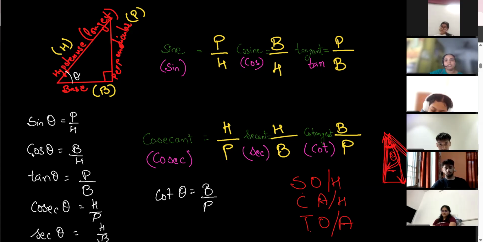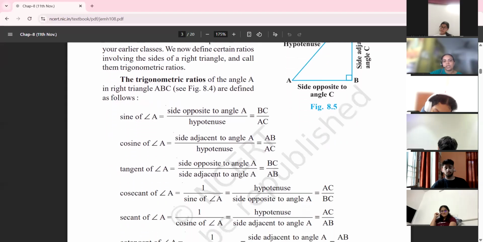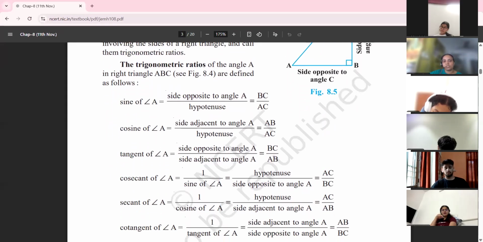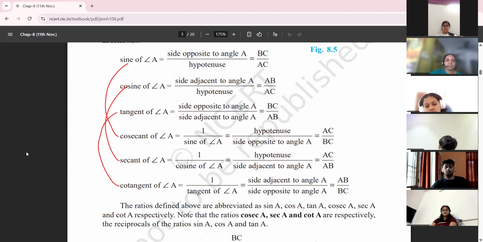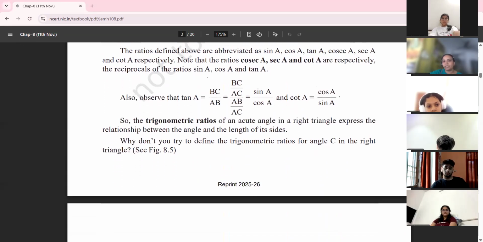This was the introduction of all 6 trigonometric ratios: sine, cosine, tangent, cosecant, secant, and cotangent. And cosecant, secant, and cotangent are actually reciprocals of these. Cosec is the reciprocal of sine, secant is the reciprocal of cosine, and cotangent is the reciprocal of tangent. Right, bache? Clear?